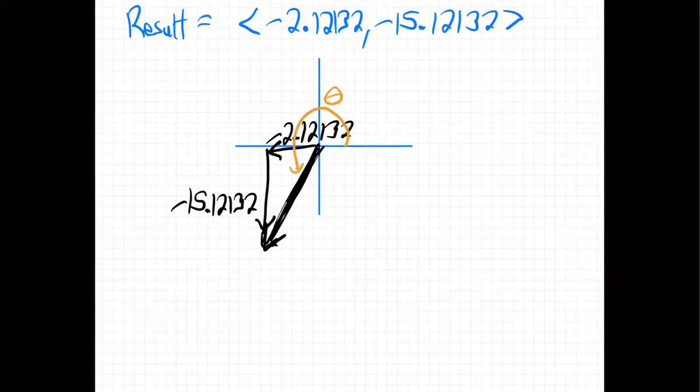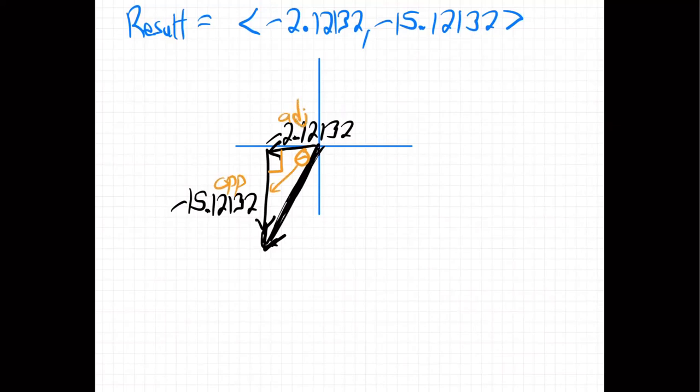So we need to find this angle right here. Actually, let me back up. We don't have to go that far. We just want to find this angle right here. Well, this is a right triangle. Tangent, this is the opposite side. This is the adjacent side.